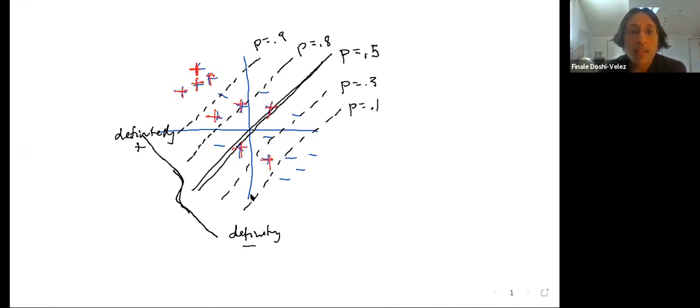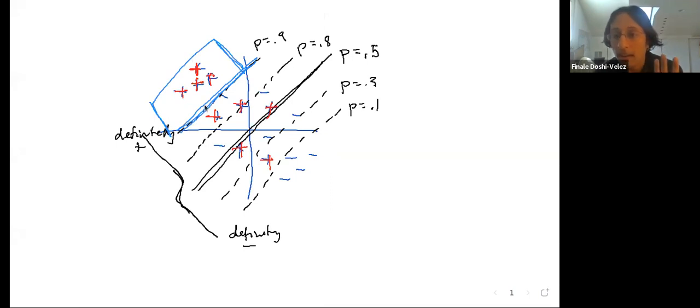There might be situations where when the alert goes off, it's really important that the alert be correct, right? And so we might decide on this decision boundary over here, which is going to select these guys. It's going to make mistakes on a bunch of points, but the ones we pick are definitely going to be the pluses.